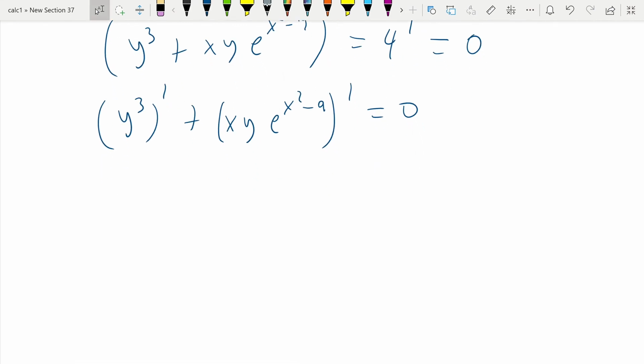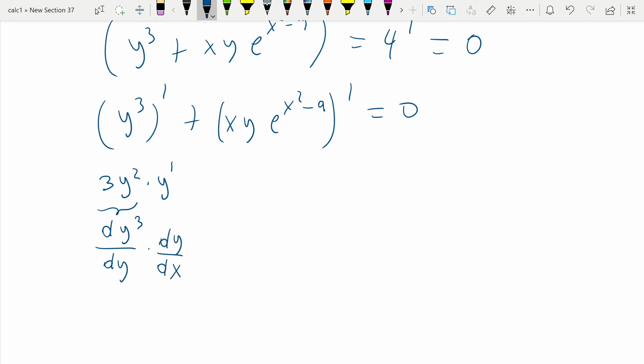Here remember, we're differentiating with respect to x. We're going to use the chain rule. So this becomes 3y squared times y prime. This 3y squared is just the derivative of y cubed with respect to y, and then we need to take the derivative of y with respect to x.